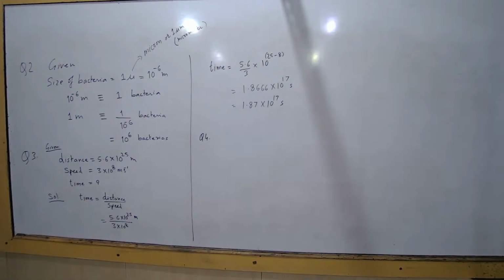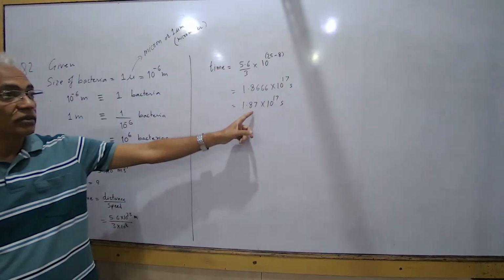Anybody who has not understood, please ask. Understood the calculation? So what we have done is we have rounded it off to 7, right?